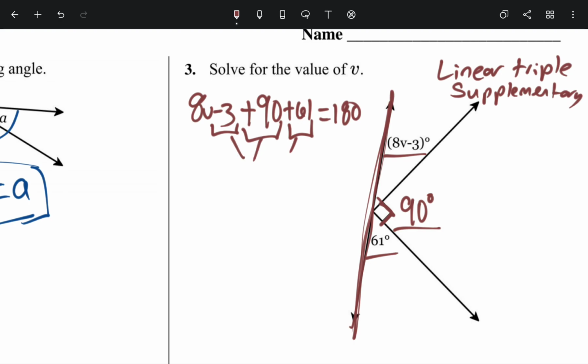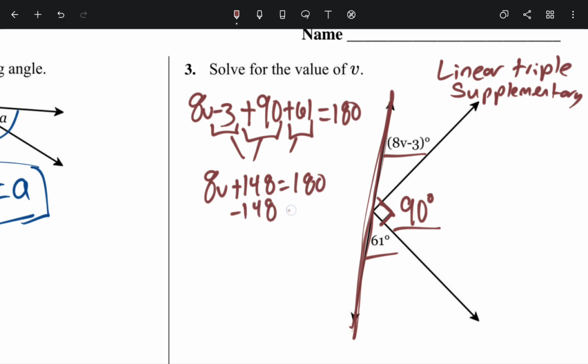So negative 3 plus 90 plus 61 is going to give us, let me do that in a calculator, 90 plus 61 minus 3, 148. So we get 8V plus 148 equals 180.